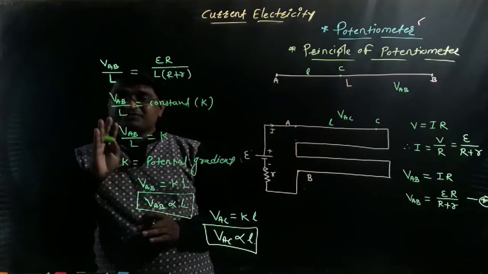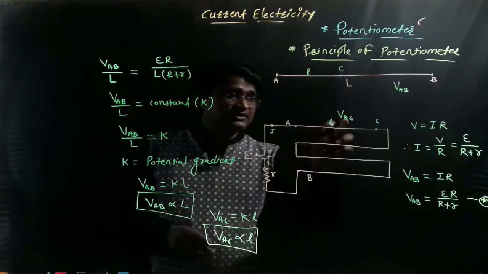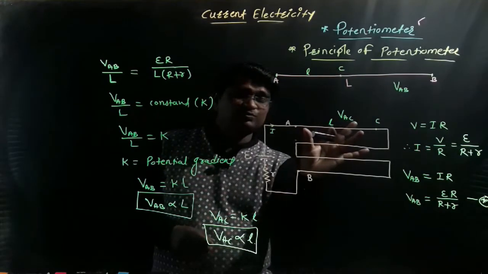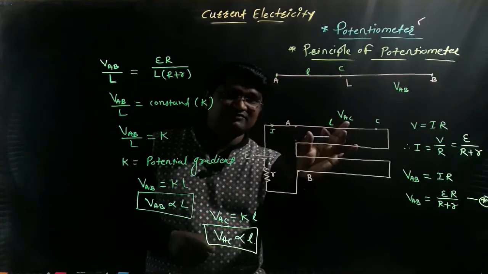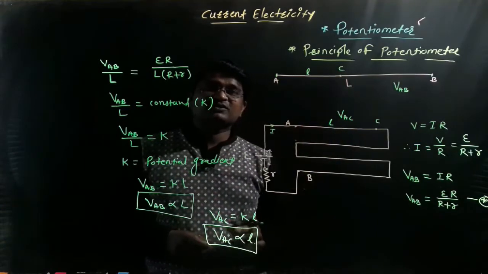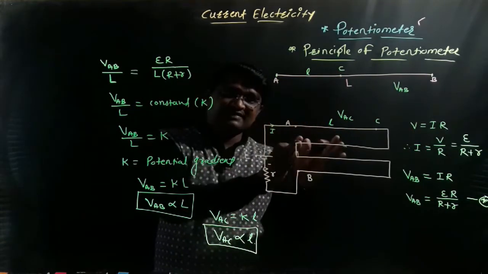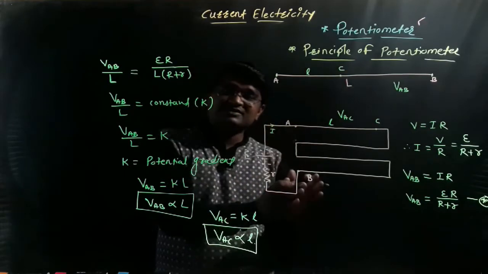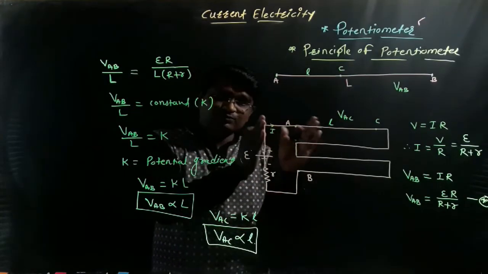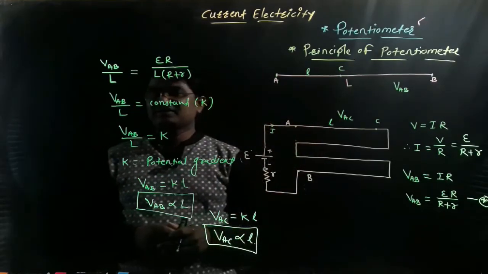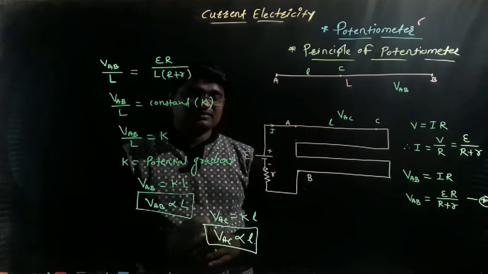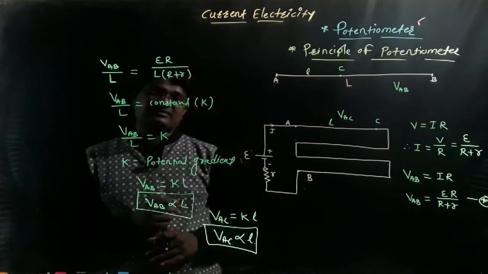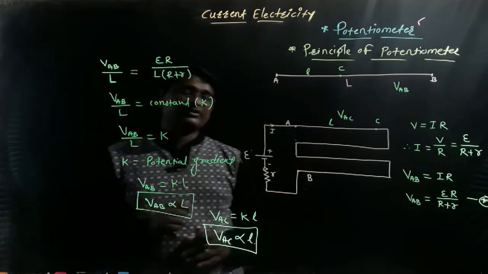It is very easy to understand. The potential difference between any two points, any portion, any segment of the potentiometer wire is directly proportional to the length of the same segment, the length between the same two points on the wire AB. What is the statement of the principle of potentiometer?